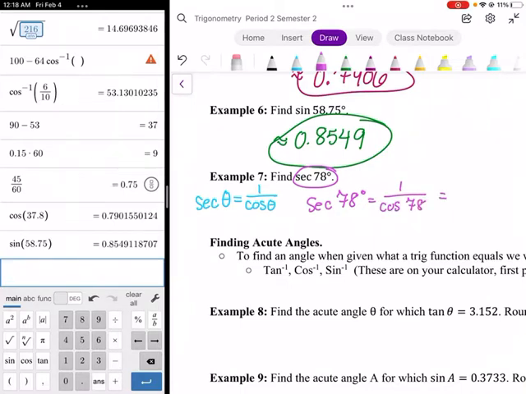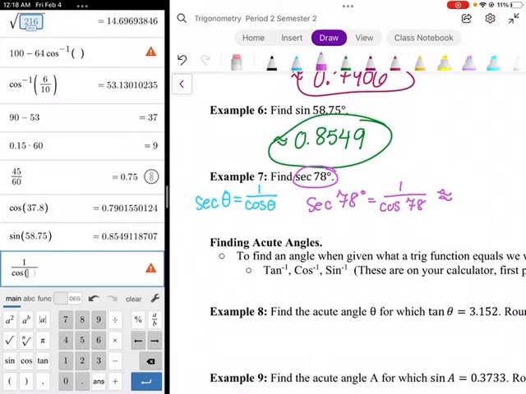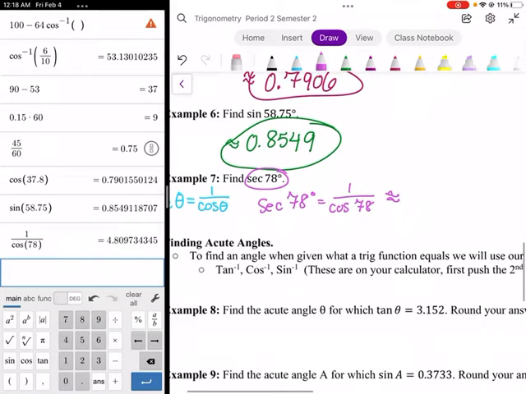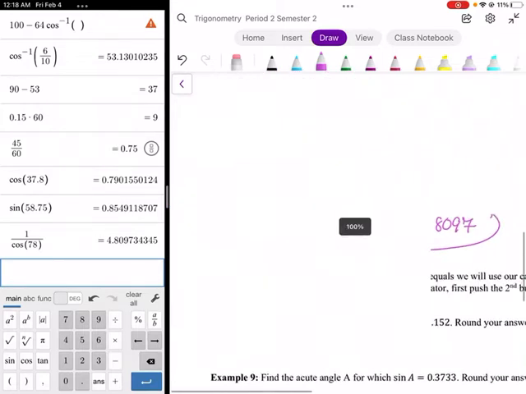And that is something we can type into our calculators. So we're going to do 1 divided by cosine of 78 degrees. And again, we're going to round to 4 decimal points. So we'll have 4.8097 for our answer on this one.